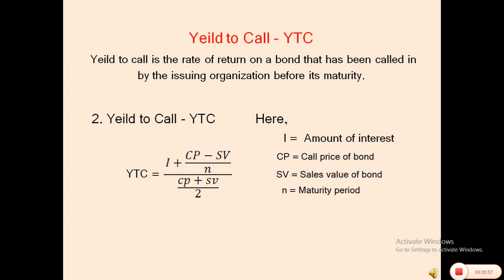YTC equals I plus CP minus SB divided by N, divided by CP plus SB divided by 2. Here I is amount of interest, CP is call price of bond, SB is sales value, and N is maturity period of bond.